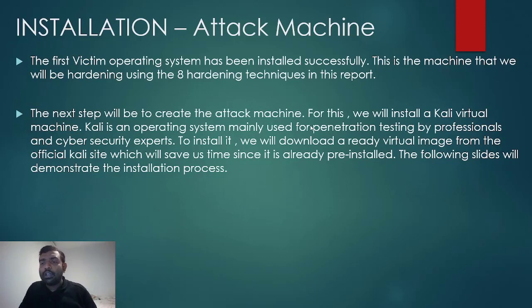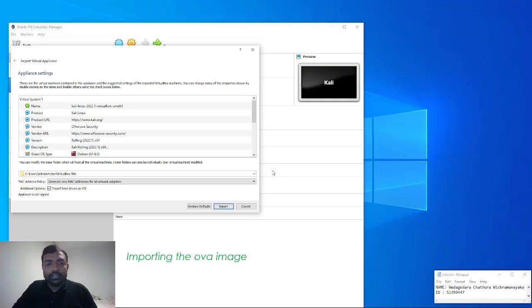For this we will install a Kali virtual machine. Kali is an operating system mainly used for penetration testing by professionals and cybersecurity experts. To install it, we will download a ready virtual image from the official Kali site, which will save us time since it is already pre-installed. The following slides will demonstrate the installation process.